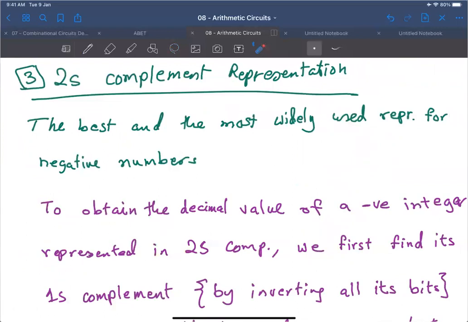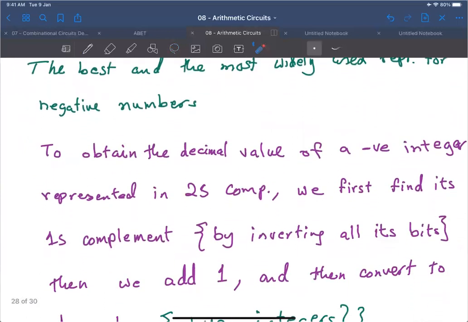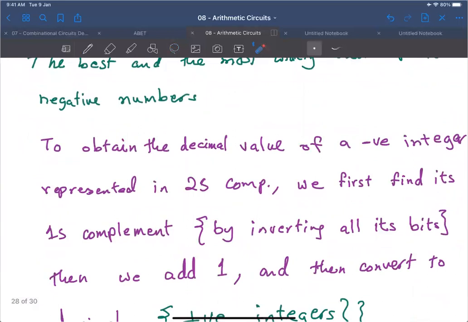2's complement is the best representation, and it is the one that is used in digital systems nowadays. To obtain the decimal value of a negative integer represented in 2's complement, we first find its one's complement, which is basically the complement of all the bits, and then we add 1 to it.